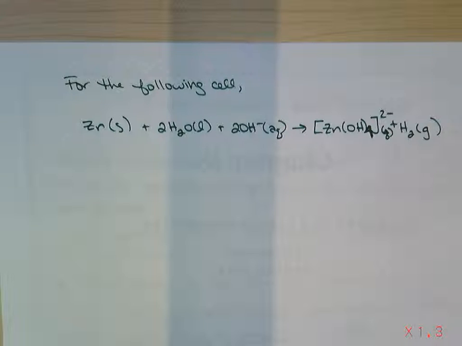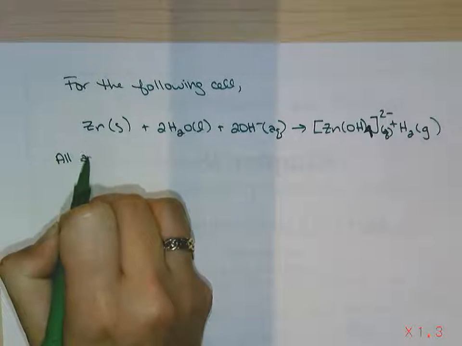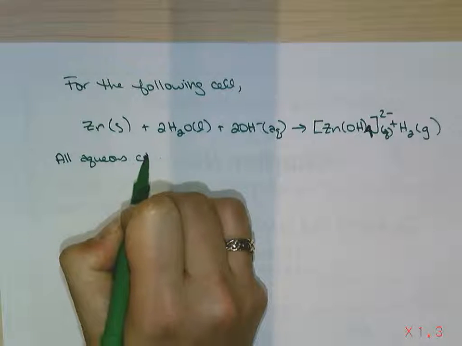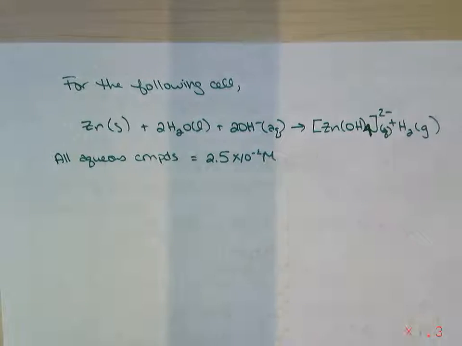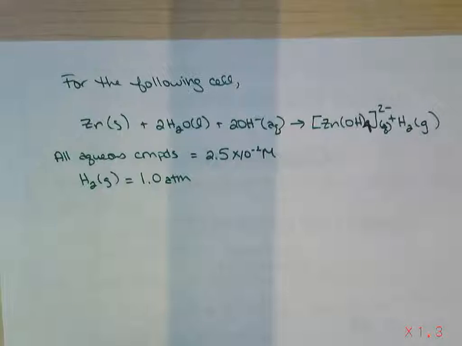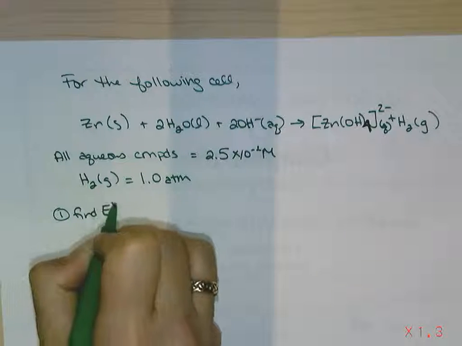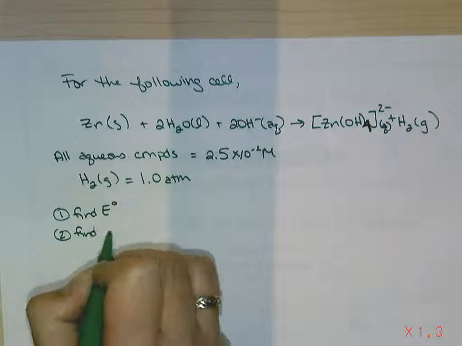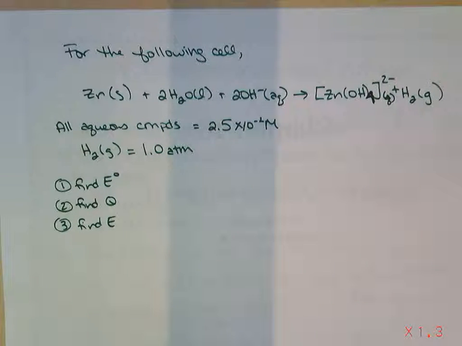And hydrogen gas. All the aqueous compounds are at 2.5 times 10 to the negative second molar. We'll leave hydrogen gas as 1 atmosphere. We need to find the standard state cell potential so that we can then compare it to its non-standard state. So standard state, then we'll do Q, then we'll do the non-standard state cell potential.